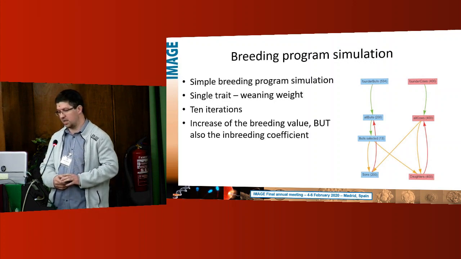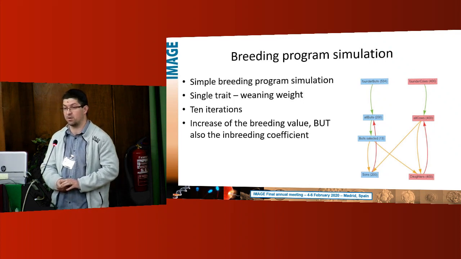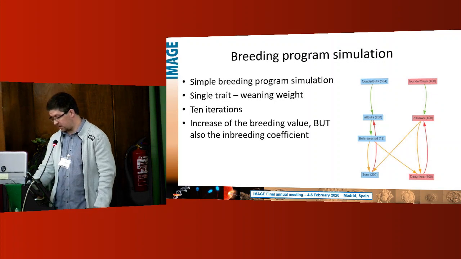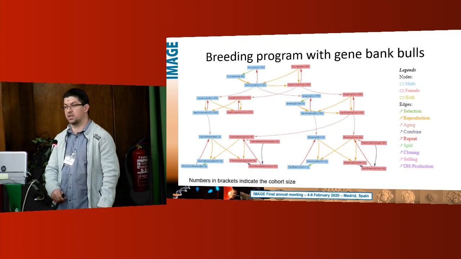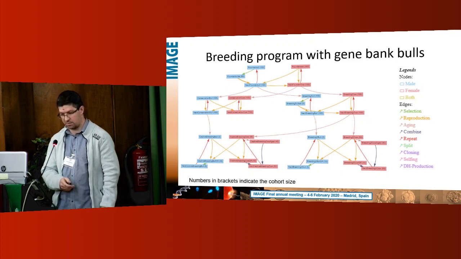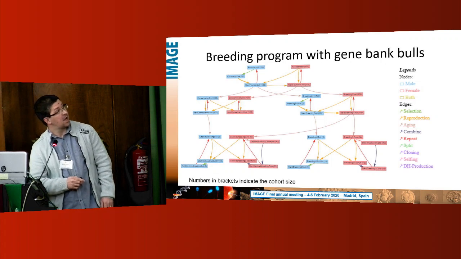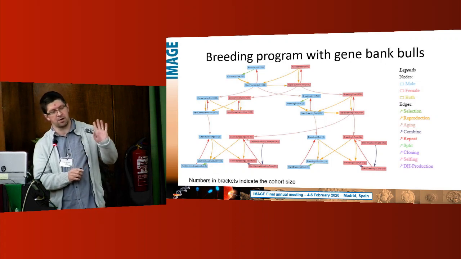How do these parameters change, in particular the inbreeding level? So we did just that, and we put up a slightly more complex breeding program, with great help from Thorsten. It might seem complicated, but it's not as much.